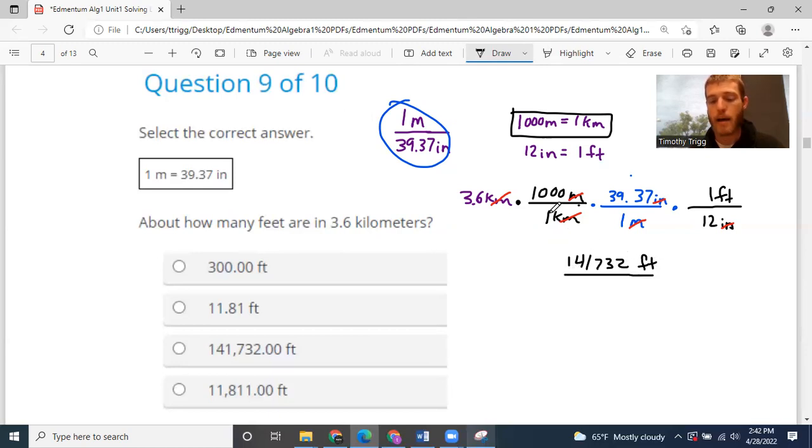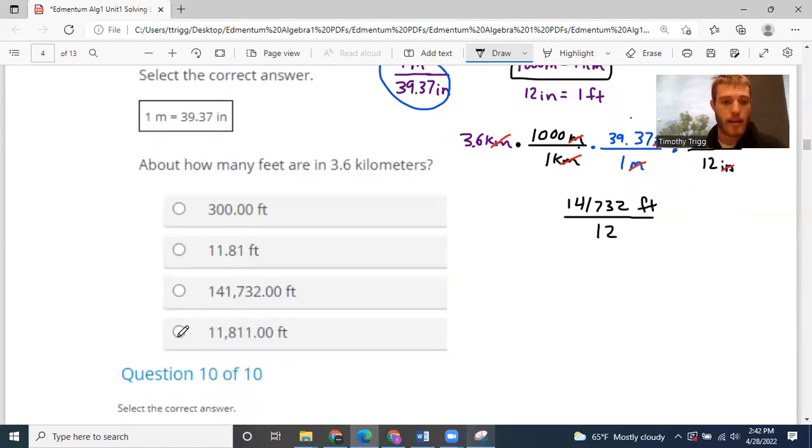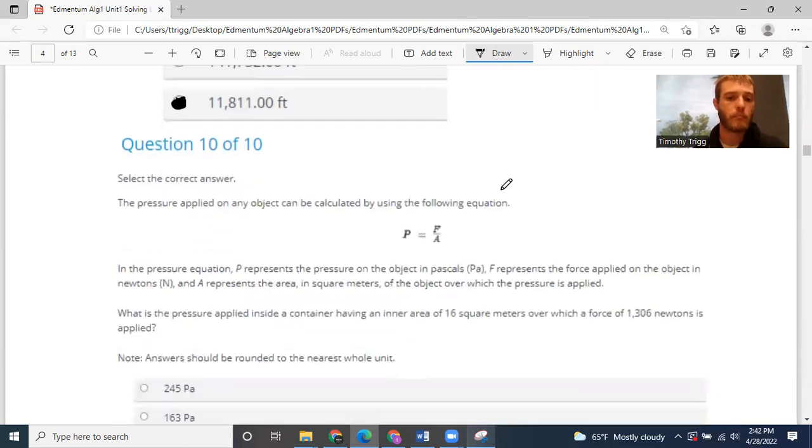And multiplying the denominator, 1 times 1 times 12 is 12. So you're going to have to divide this out, divided by 12. Gives us 11,811, using my calculator.